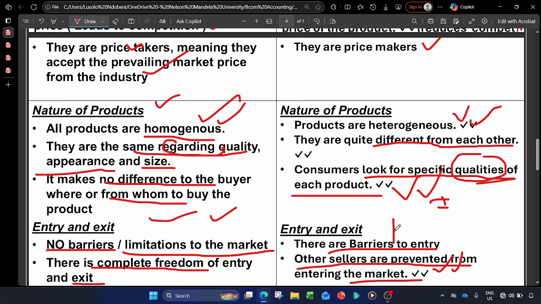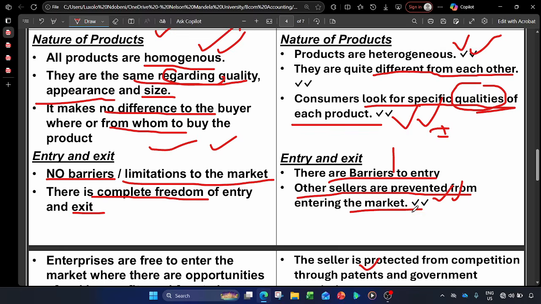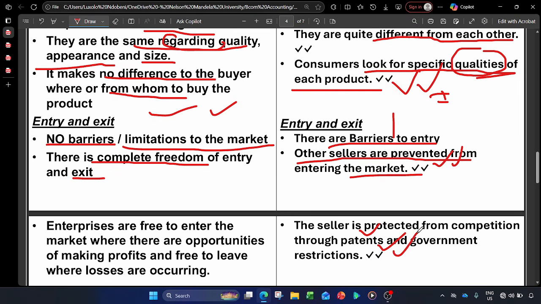If a question asks you what are those barriers that restrict other sellers from entering the market, these are the barriers like sellers are protected from competition through patents and government restrictions. So the government also restricts entry to the imperfect markets through these patents and government restrictions.